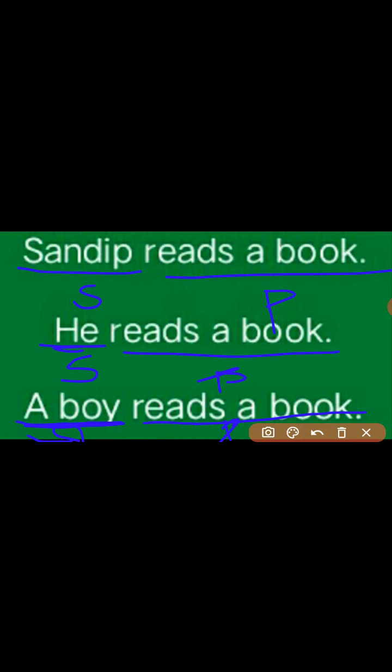And in the third example, two words working as a noun and doing the action, so it is the noun phrase and it is the subject over here. And what about the predicate? In all three examples I have used the same predicate, same words as a predicate. I hope you are clear with this concept of noun, pronoun and noun phrase as well as subject and predicate.